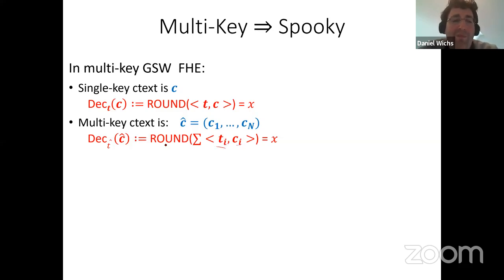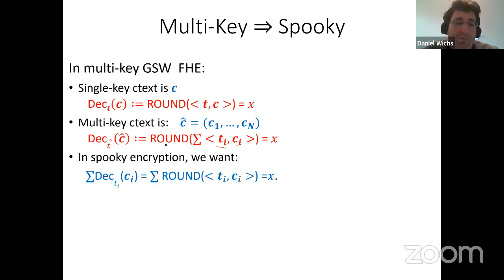Okay, so to decrypt the multi-key ciphertext, I sum up these partial decryptions and then round them. Whereas in spooky encryption, we want to sum up individual decryptions and get X. So what we want is actually just the order of the rounding and the sum being reversed.